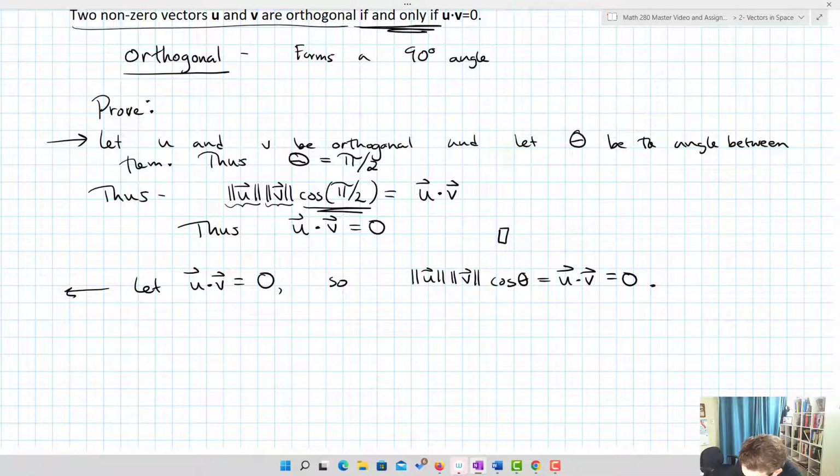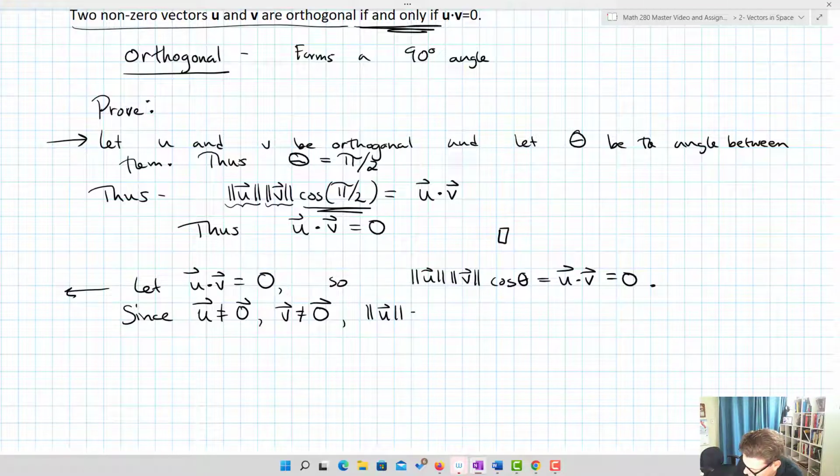Now, since u doesn't equal the 0 vector, and v doesn't equal the 0 vector, that is, they're non-zero vectors, the magnitude of u is not equal to 0, and the magnitude of v does not equal 0 either. That's actually going to be kind of helpful because that's going to prevent us from having to divide by 0. Now, by the way, if you want to think about it this way, the only vector that has a length of 0 is the 0 vector. That's going to be the only one.